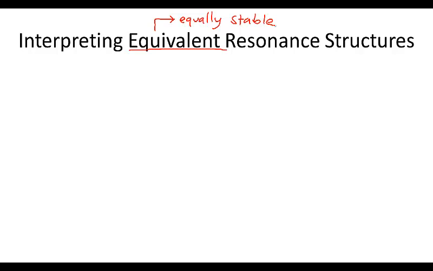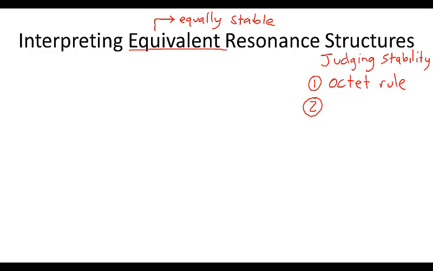And to judge stability, we would use the same 3 rules we've always used to judge stability. 1, octet rule. 2, minimizing formal charge. And 3, putting formal charge based on electronegativity. It's still the same three rules, in order from most important to least.